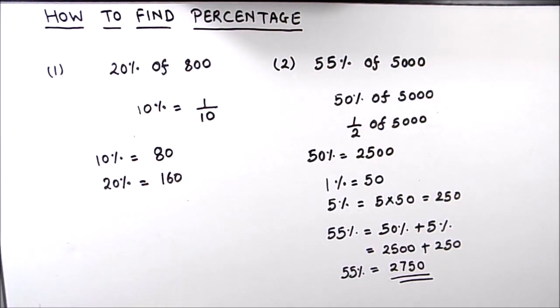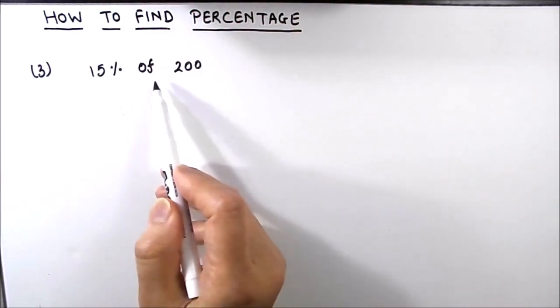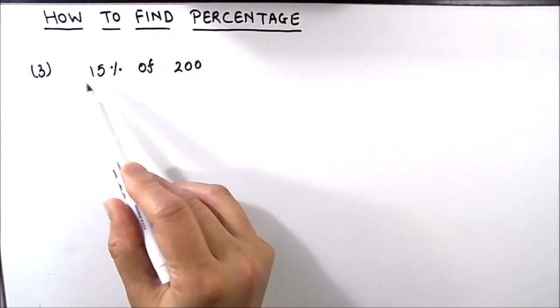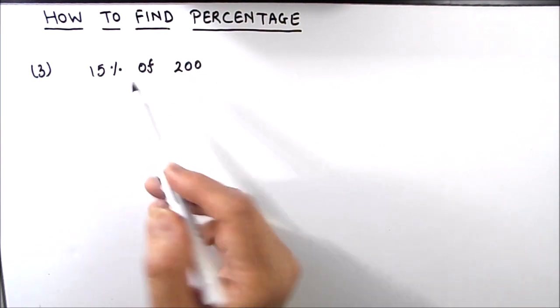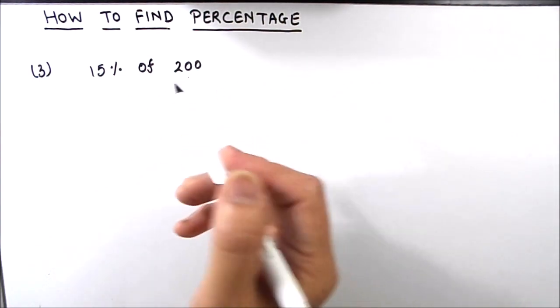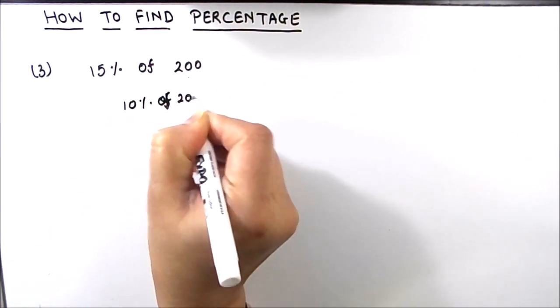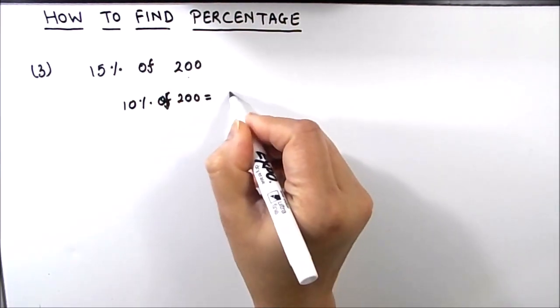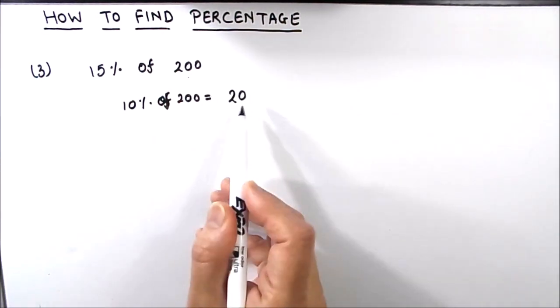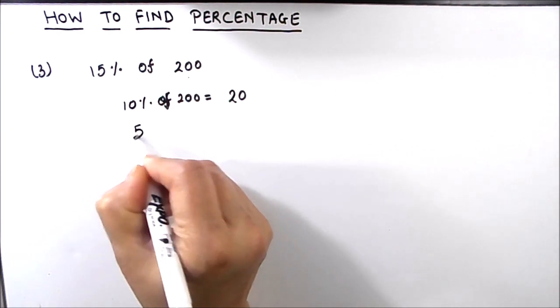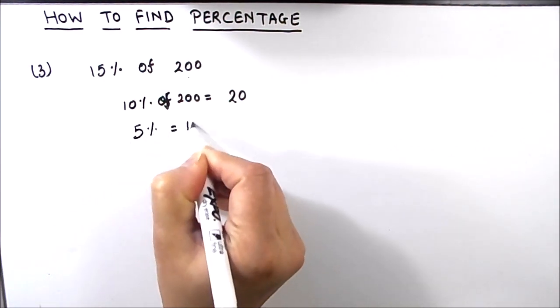Let's solve one more example and find percentage without the use of a calculator. Let us find out 15% of 200. For that we can first find out 10% of 200, which we can find orally. 10% of 200 is equal to 20. And if we know 10%, we can find 5%. So 5% will be equal to 10.